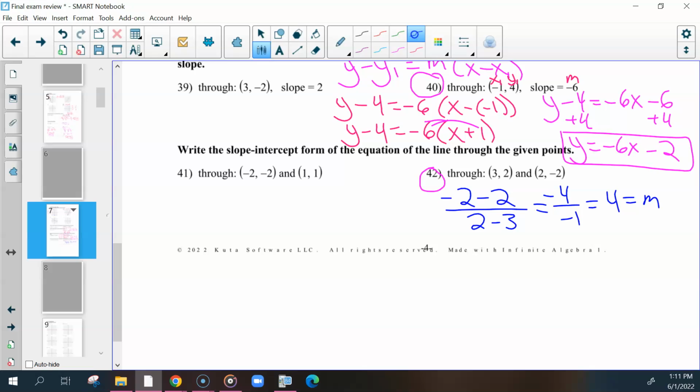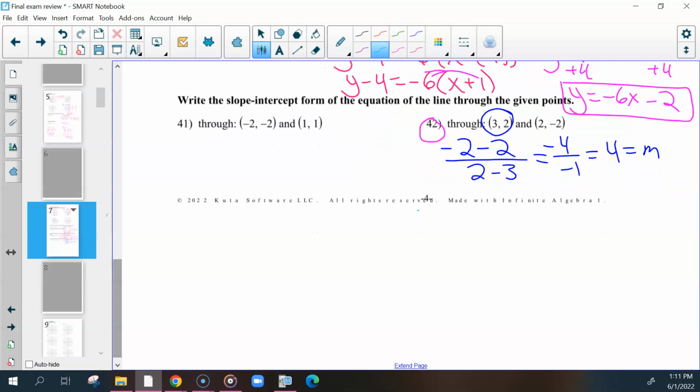After we have our slope, we can choose either of the 2 points to put back in our point slope formula. I'm going to choose this first one because it doesn't have any negatives, but either one would work. So this would be y minus 2 equals 4 times x minus 3. And then we could distribute.